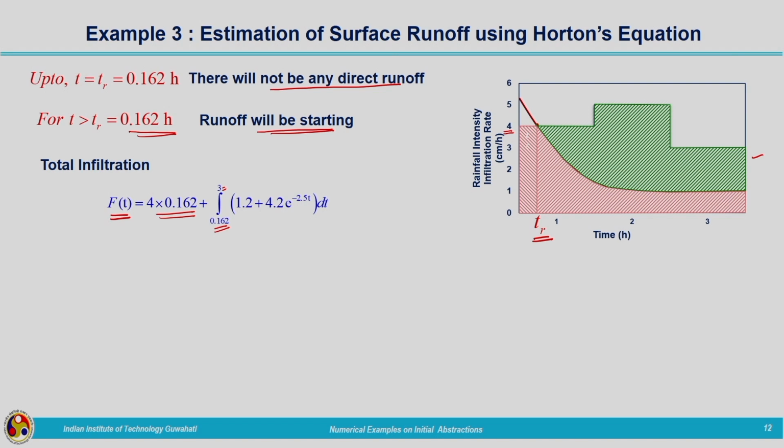That is what we are doing. For time T less than TR, the entire rainfall is infiltrated. So, I into TR will be considered as the cumulative infiltration up to the time of ponding.